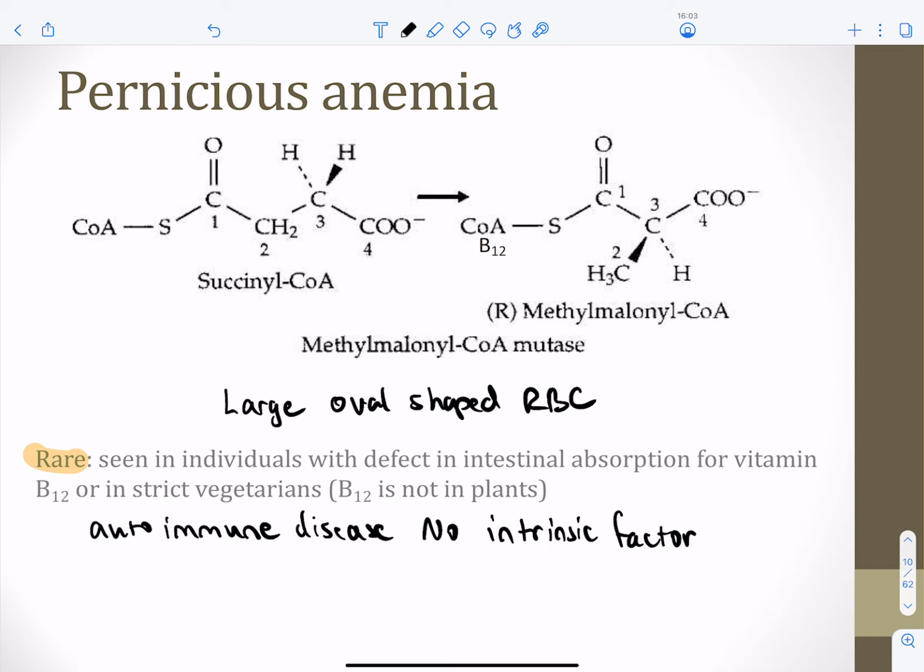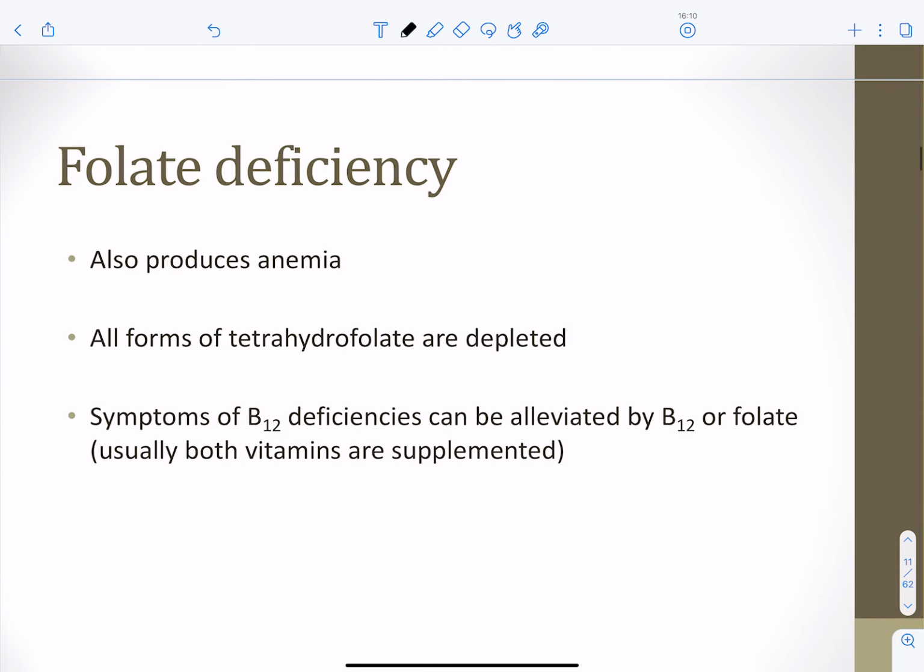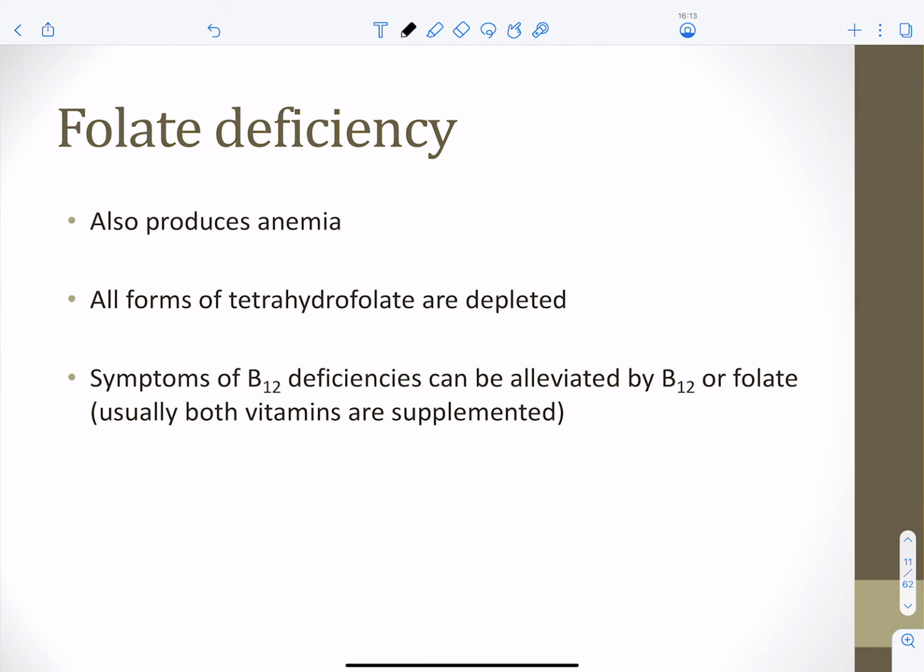So they're going to have a variation and abnormality in both size and shape. Folate deficiency is also going to be associated with anemia, and you're going to have macrocytes, which are larger than normal.